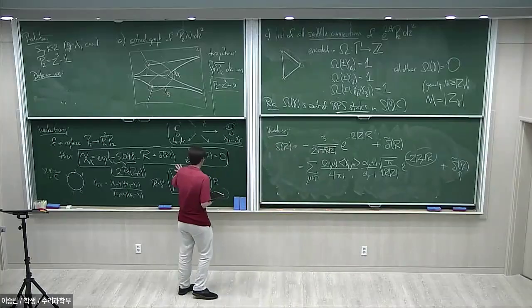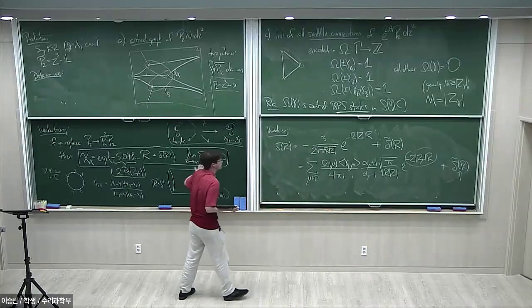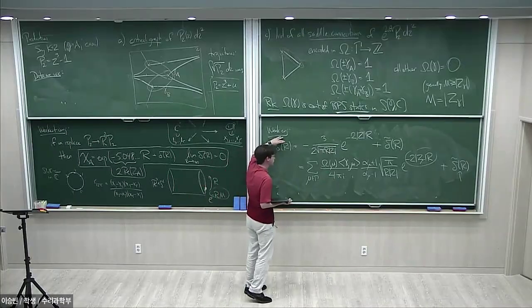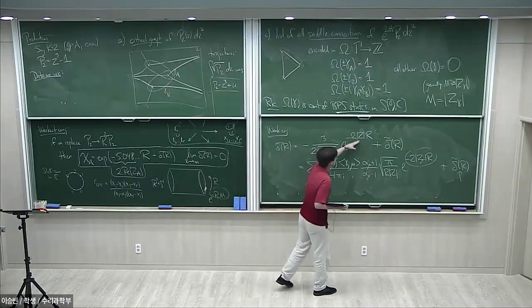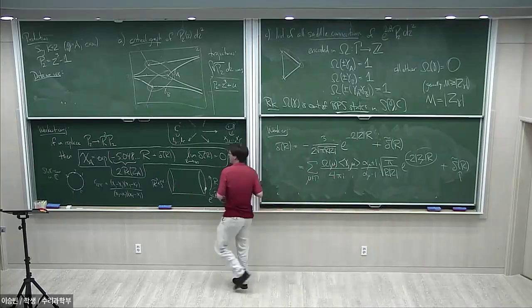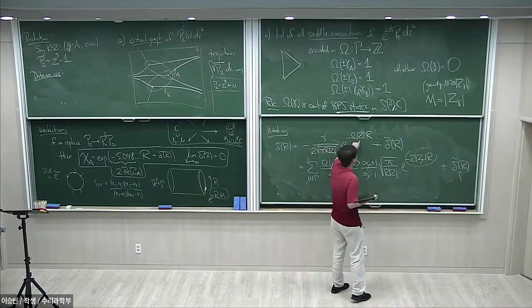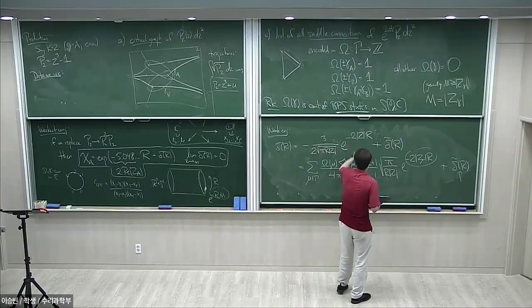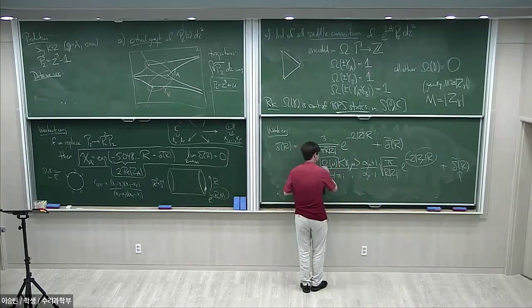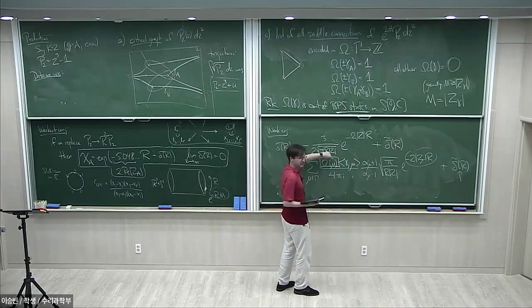Its leading behavior is exponential and controlled by this spectral network picture. The first subleading term is then an exponential down from that exponential. So the error here is exponentially small, and it's determined by the BPS particles.